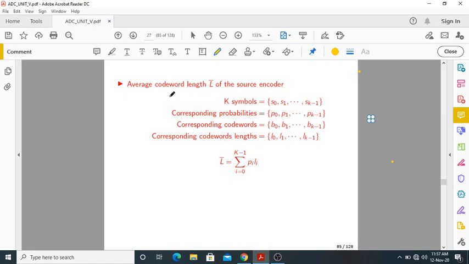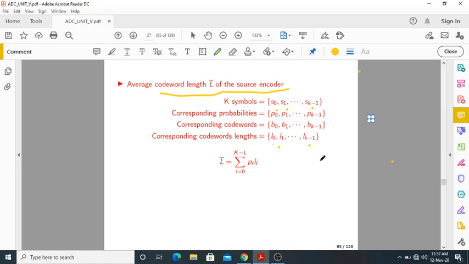Now I want to calculate the average code word length of the source encoder. Remember, whenever I say average, you have to multiply with probability: P0 into L0 plus P1 into L1 plus Pk minus 1 into Lk minus 1. I told you already, what is entropy? That is the average information per source symbol.